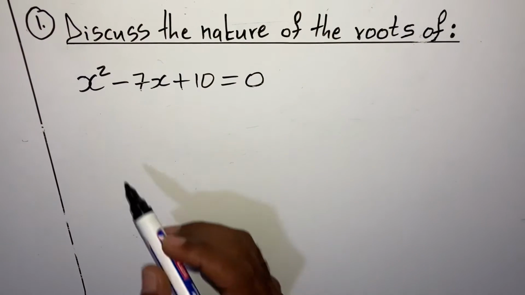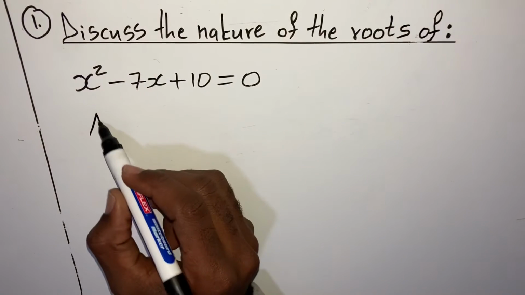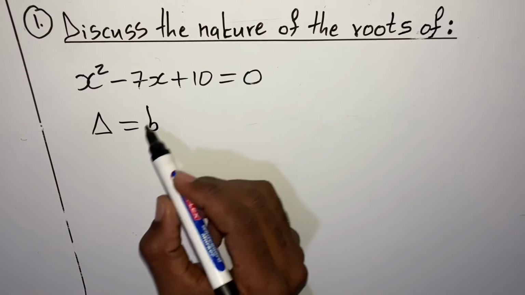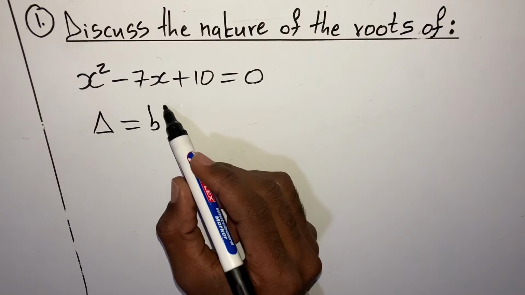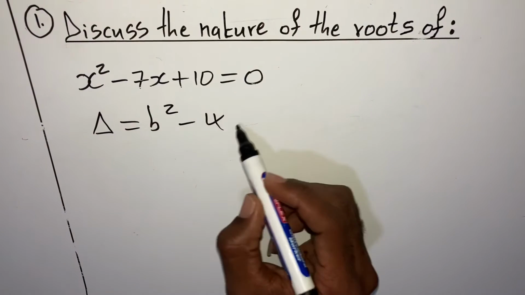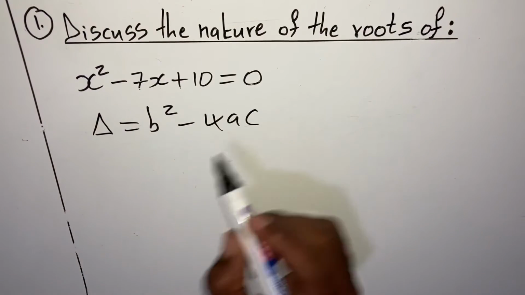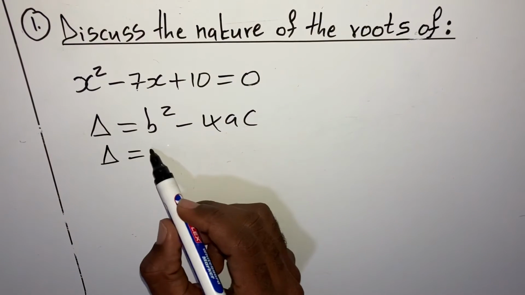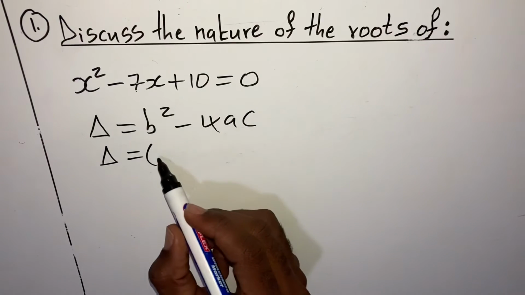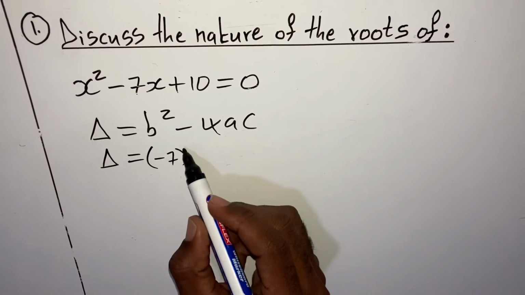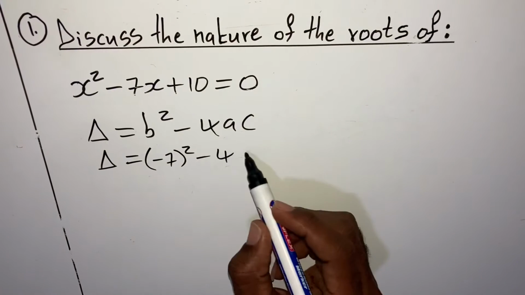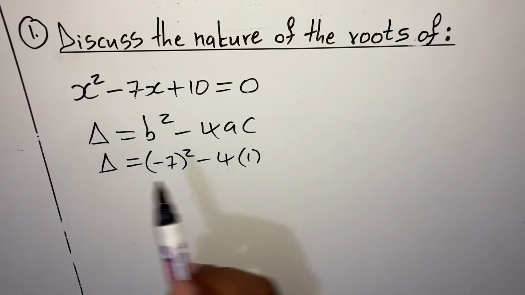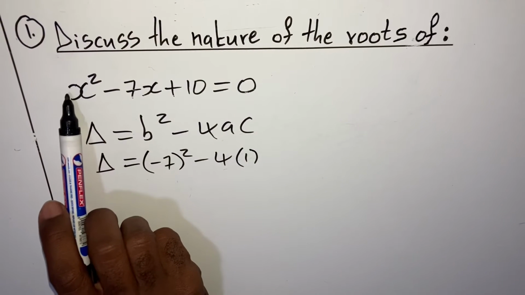So, for you to answer the question, you firstly have to find your delta, which is given by the formula delta equals b squared minus 4ac. Then delta is equal to b squared. My b is negative 7, squared, minus 4 times my a, which is 1. We take this from the coefficient of x squared.